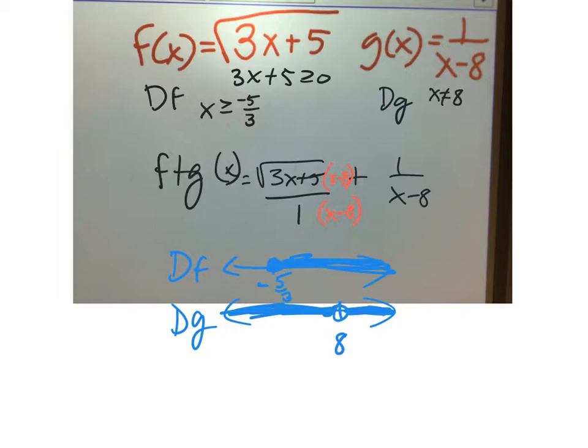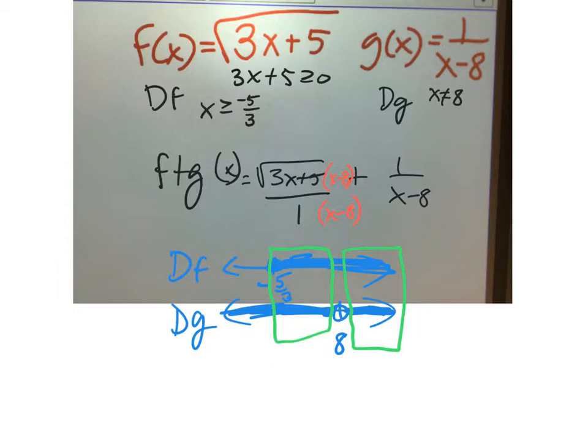Okay, there. And then where do they overlap? Between here and here. And there and there. Would you please write the final answer for my domain in interval notation? See if you've got that part down. If you haven't noticed, we're starting to combine a lot of things together that you've learned already so far.